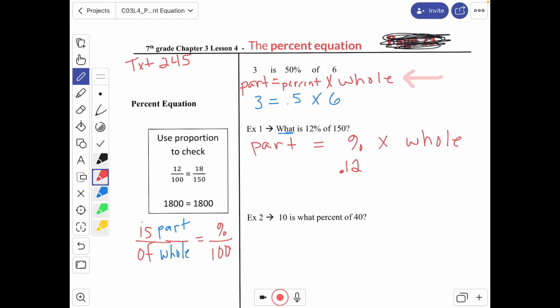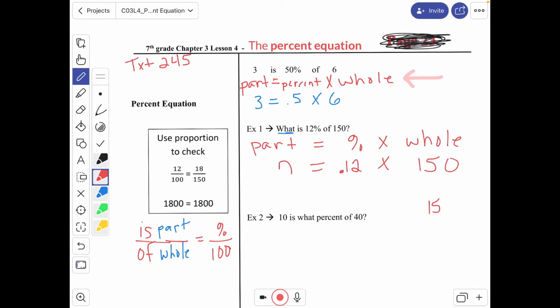So 0.12 times an equal of 150. So that's the whole because of is usually next to the whole. And we don't know what the part is. It says what, so we need it to be a variable. N is equal to 0.12 times 150.